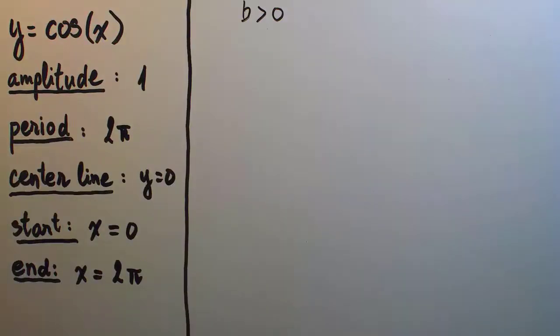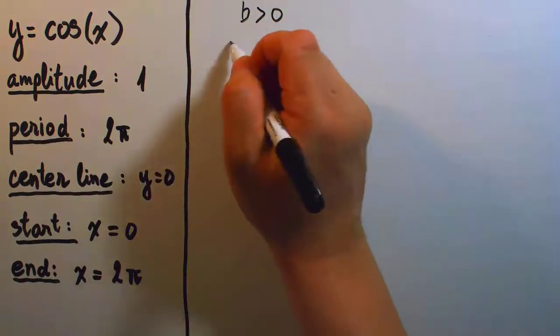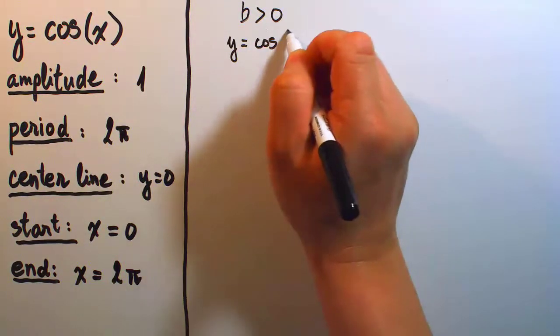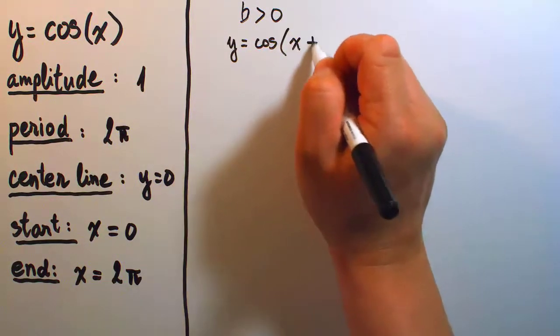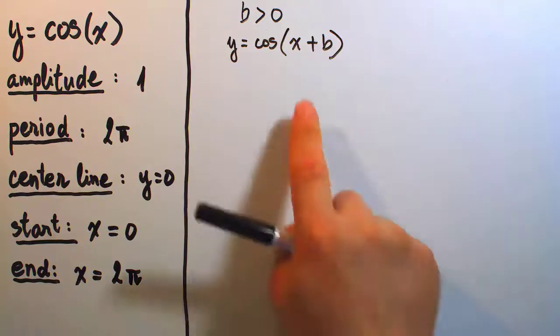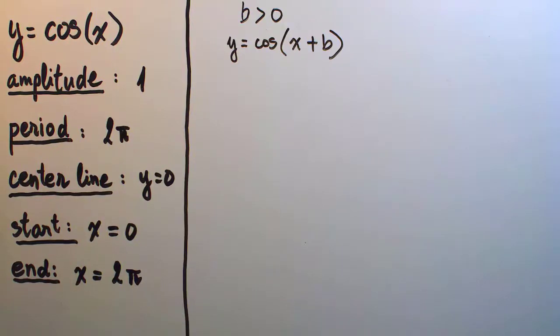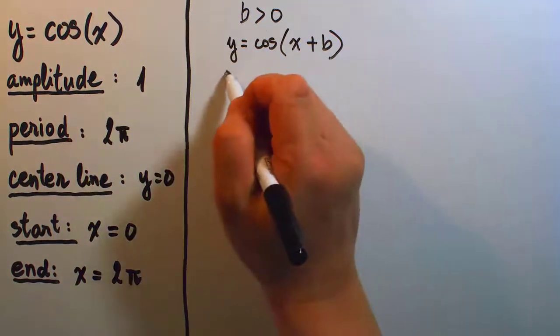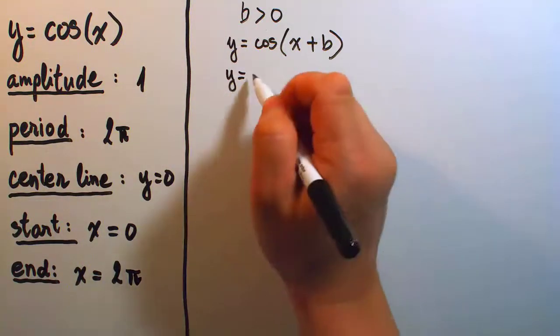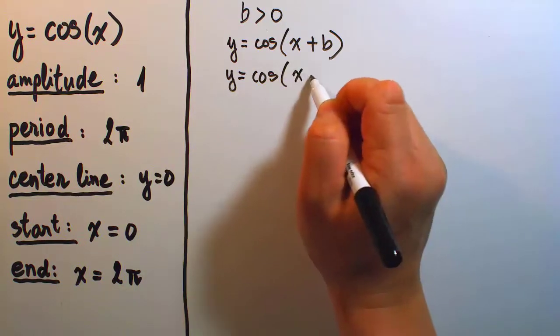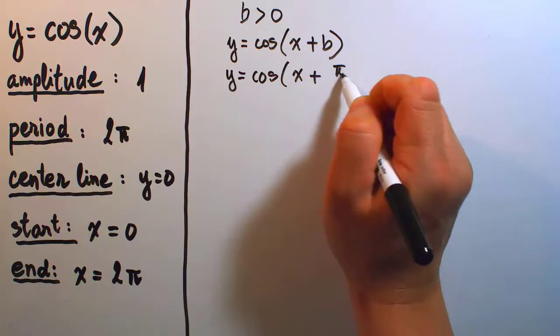And then let's look at the graph of the function cosine of x plus b. Once again, starting out, let b be a positive value. A little demonstration example I can bring up here is cosine of x plus pi over 4.